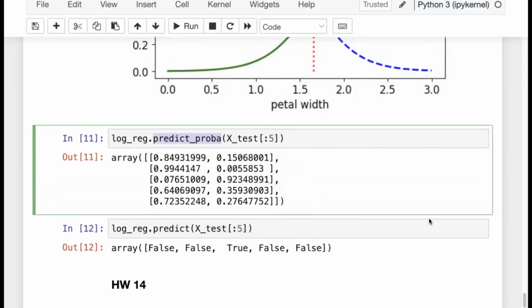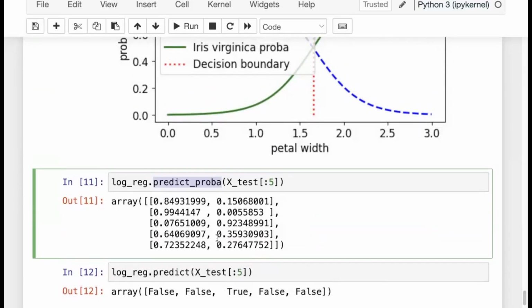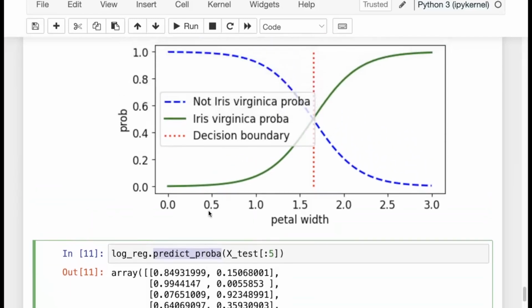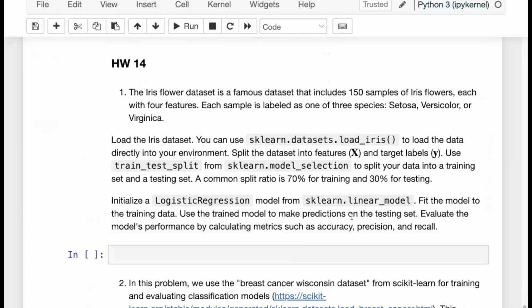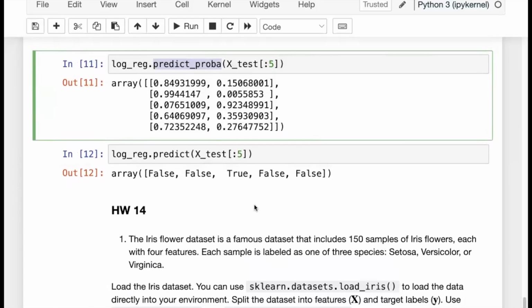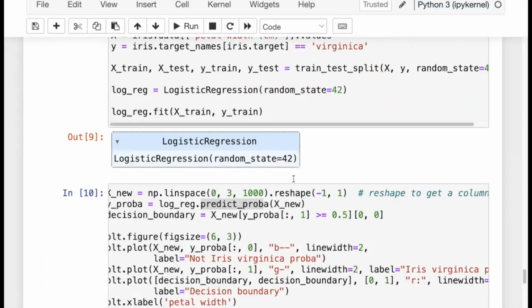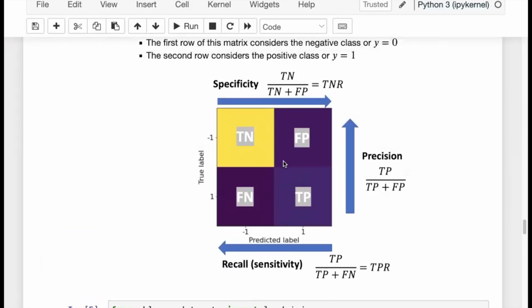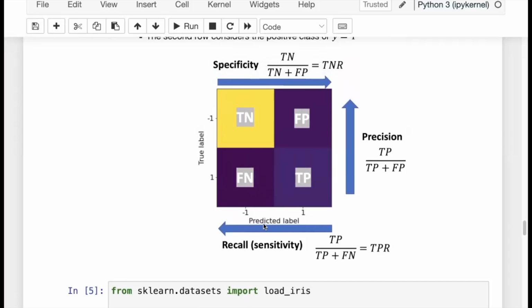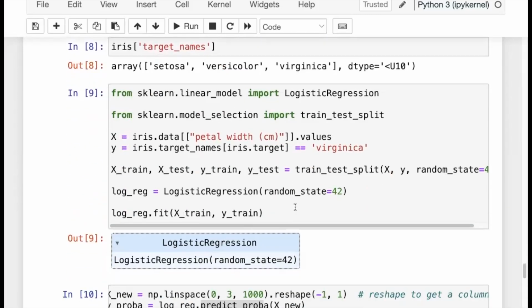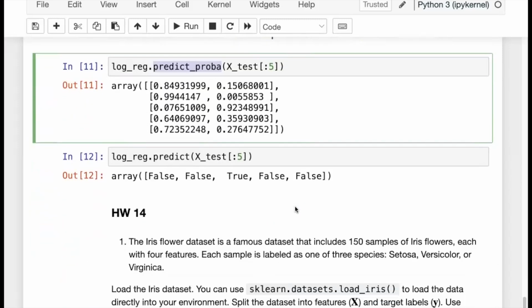Because in this example that we just had here, we didn't formally evaluate the model. We just wanted to interpret these probabilities that are assigned to these data points. But in this case, you work with these predicted labels, and you're going to compare them with the true labels using the confusion matrix. And remember that precision, recall, and the others are implemented in scikit-learn, as part of the scikit-learn.metrics module.